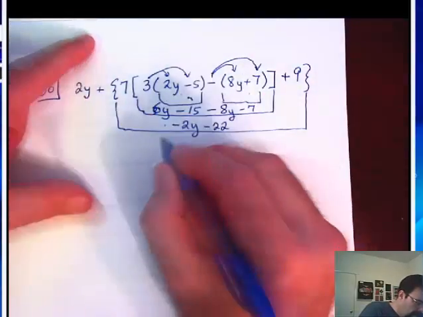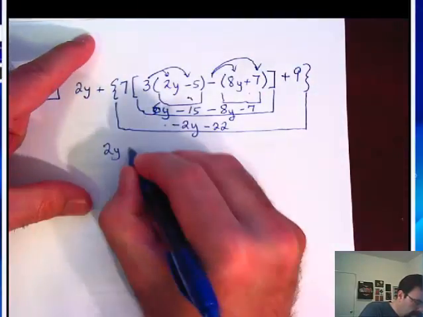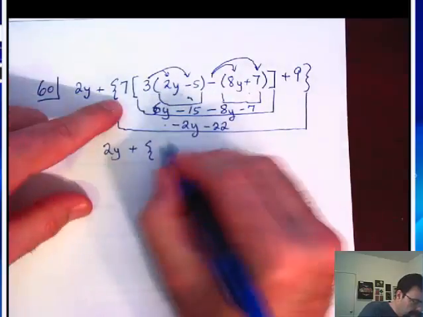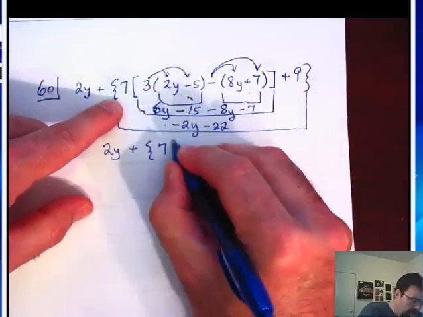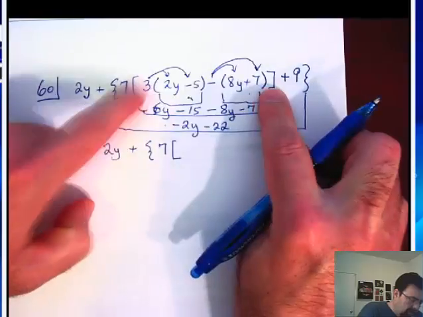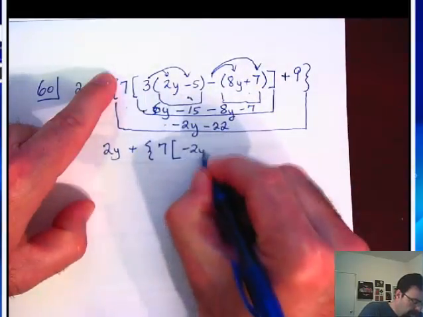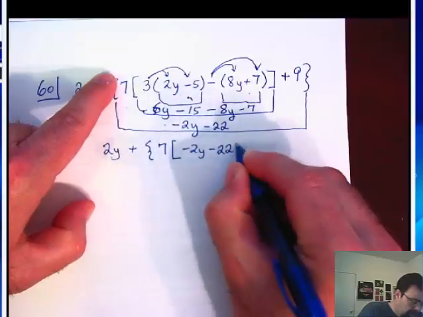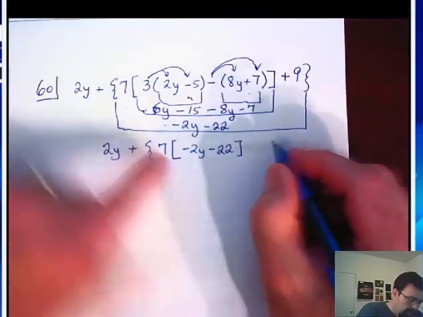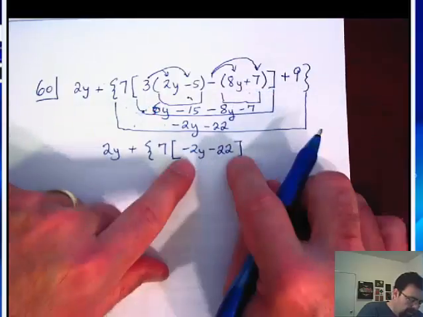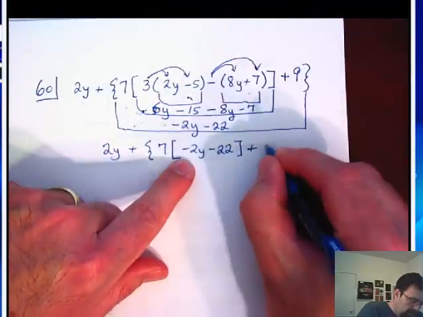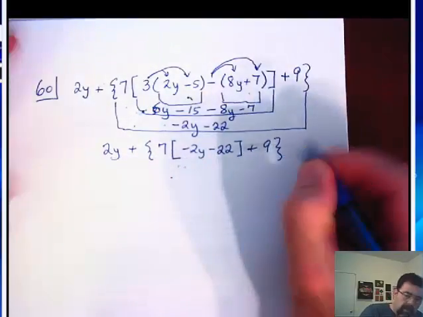There's nothing else I can do. So let me write where we are right now. We got plus the 7. Inside these brackets, we have the minus 2y minus 22. Okay, that was in there. Plus the 9.